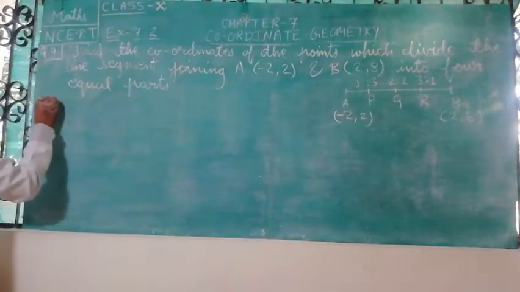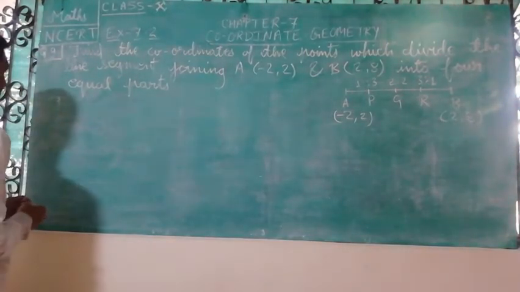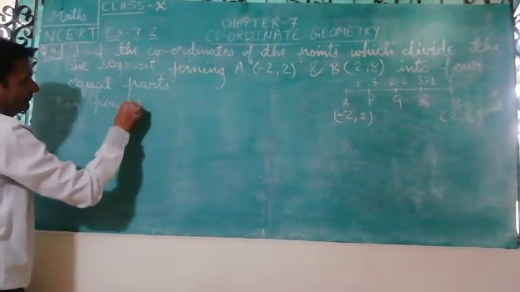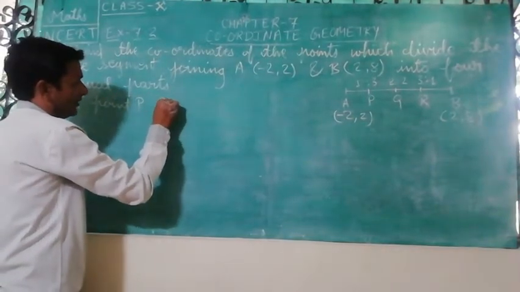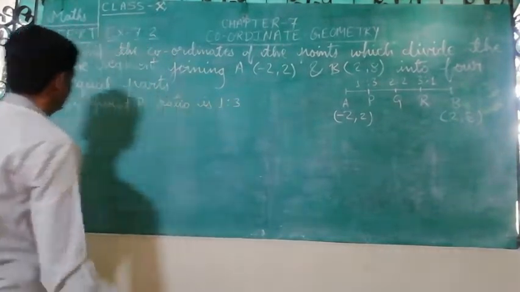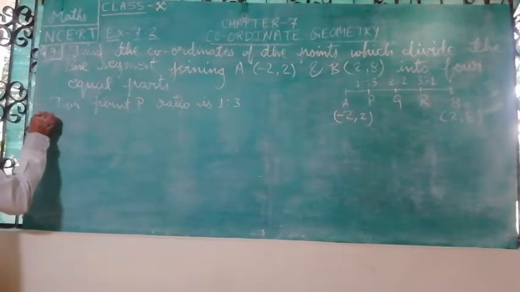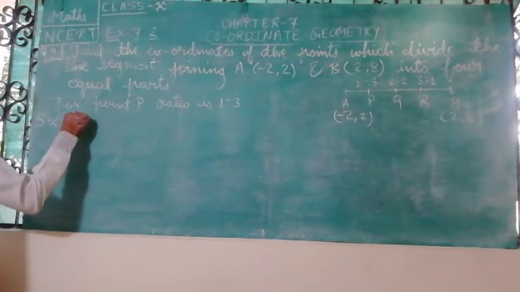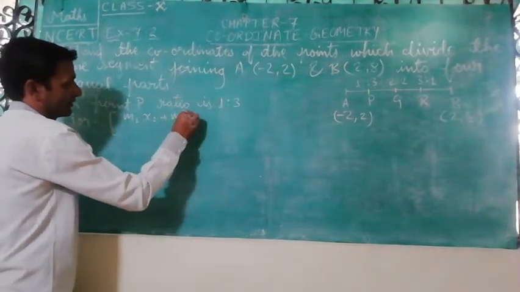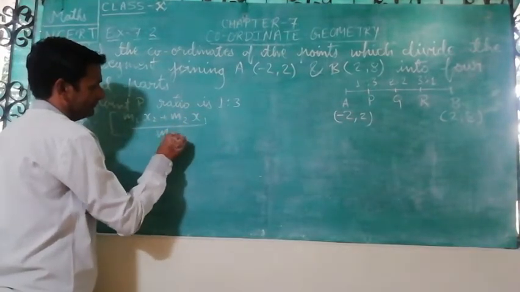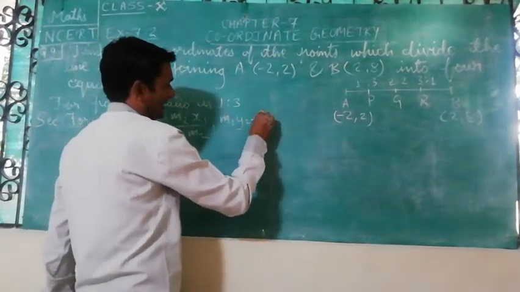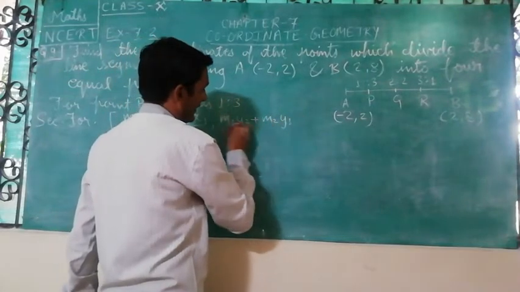So for point P, the ratio is 1 ratio 3. Section formula: m1 x2 plus m2 x1 upon m1 plus m2, comma m1 y2 plus m2 y1 upon m1 plus m2.